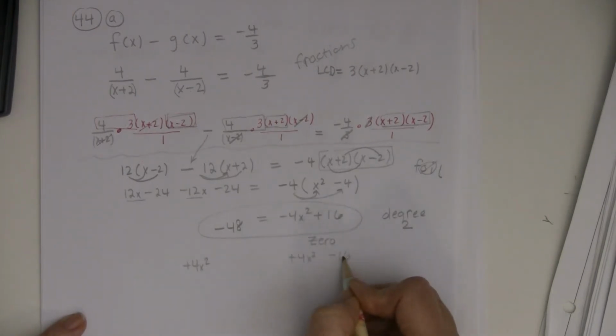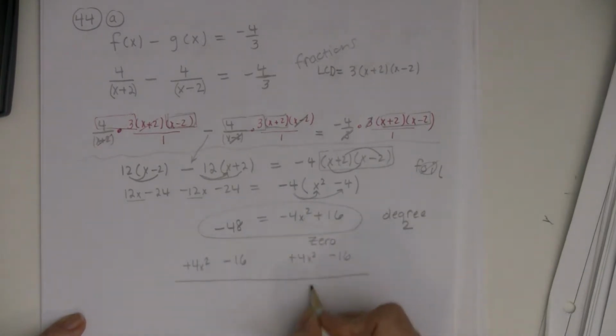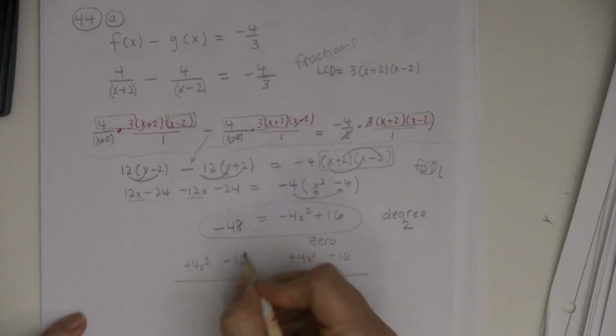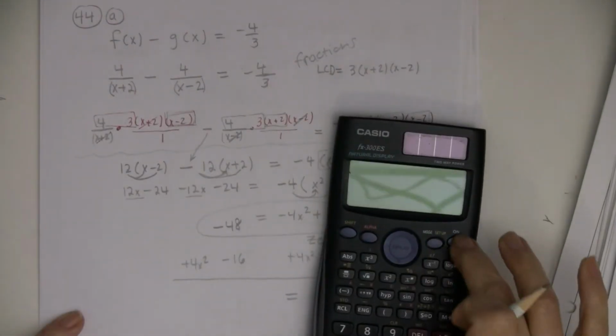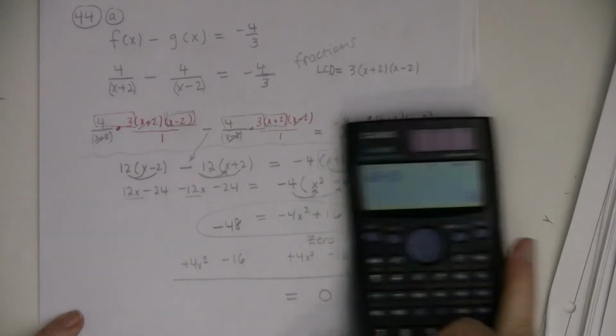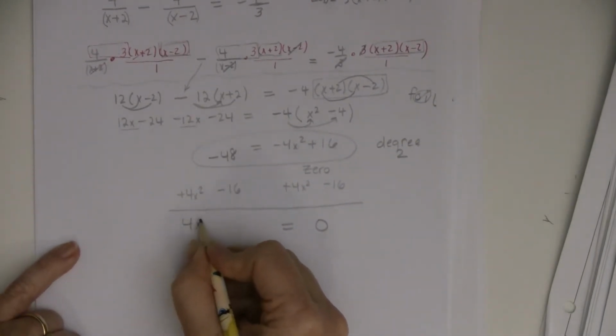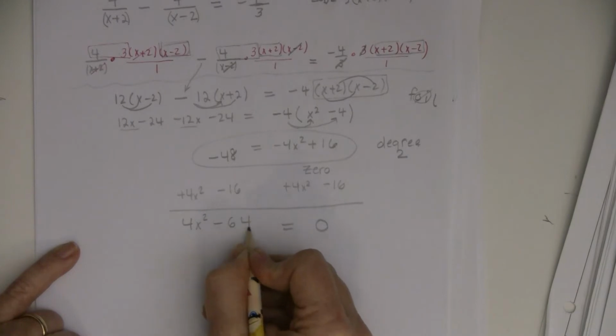And take away 16. Take away 16. So that this side becomes 0. And this side is 48 and 16. So I'm going to add that with my calculator. They're both negative, so I really am adding. And it's going to be a negative 64. Okay, so this is 4x squared minus 64.